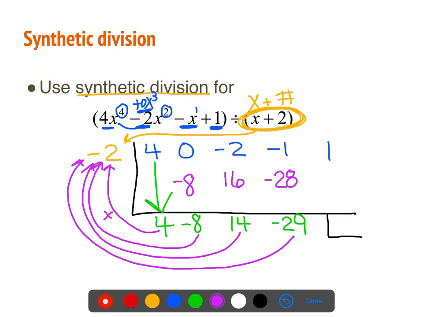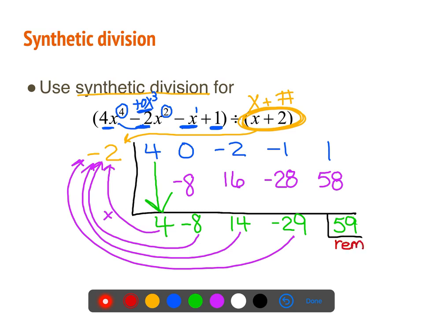Add the column. Negative 1 and negative 28 makes negative 29. Multiply the outside by the bottom. Negative 29 times negative 2 is positive 58. Add the column. 1 plus 58 is 59.